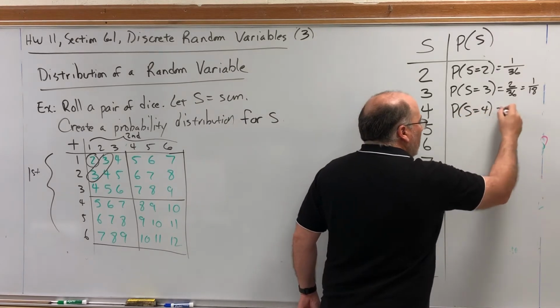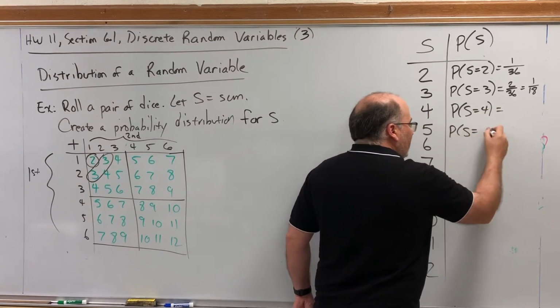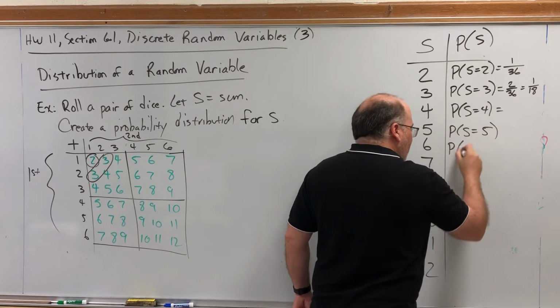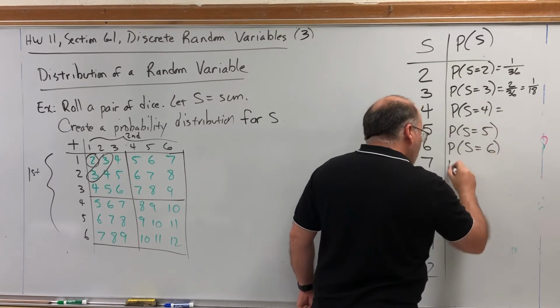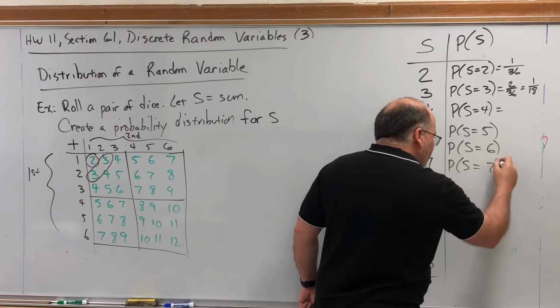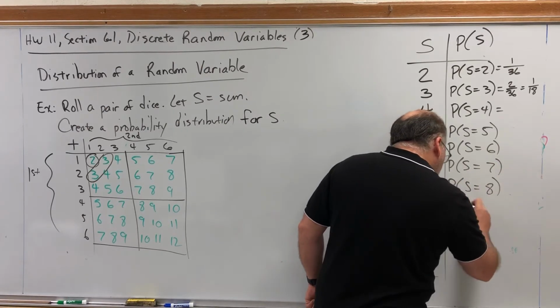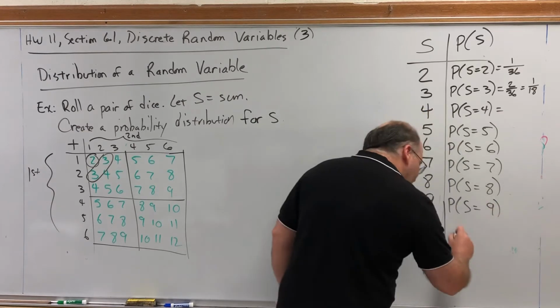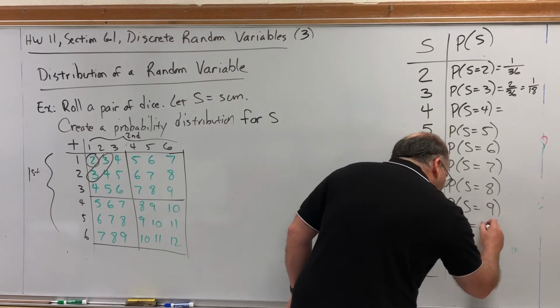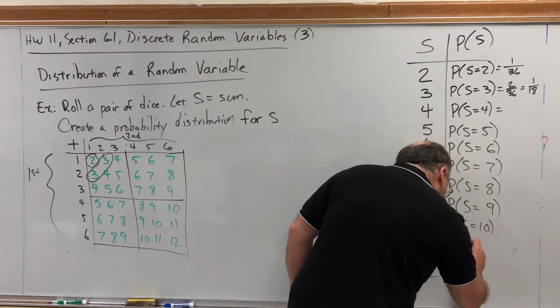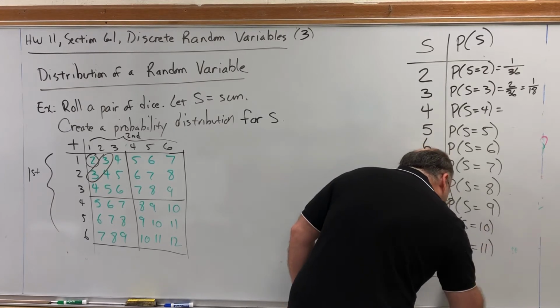Probability the sum is 4. Probability the sum equals 5. Probability the sum equals 6. Probability the sum equals 7. Probability the sum equals 8. Probability the sum equals 9. Probability the sum equals 10. Probability the sum equals 11.